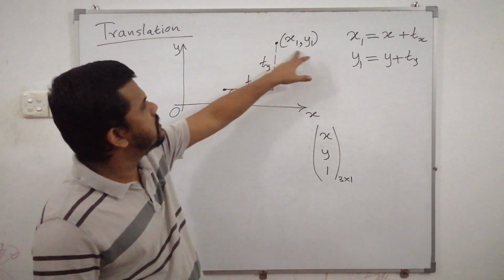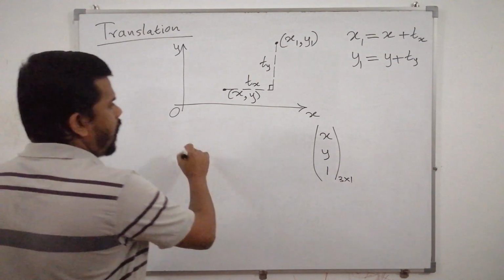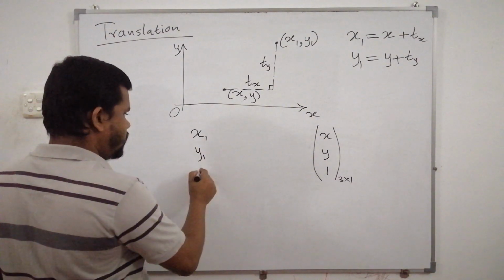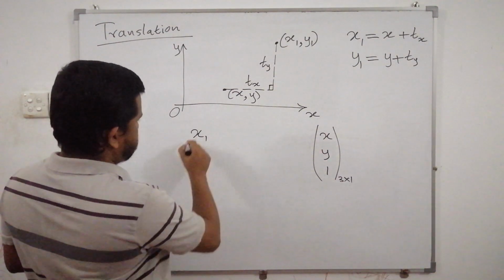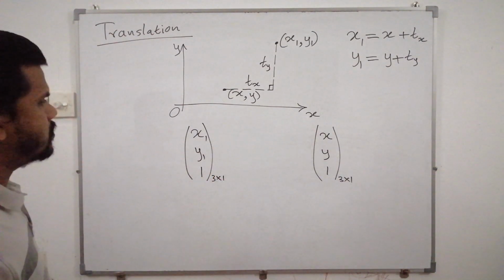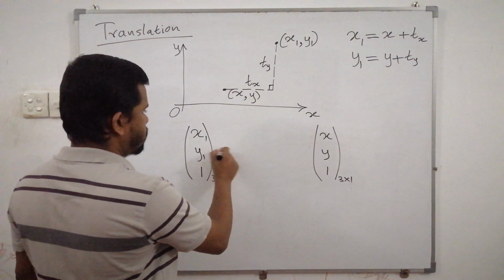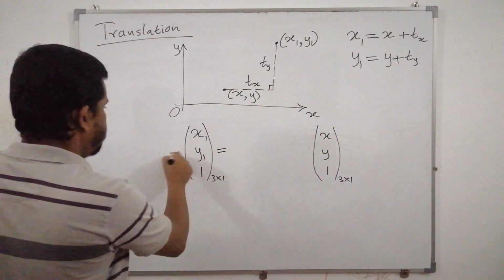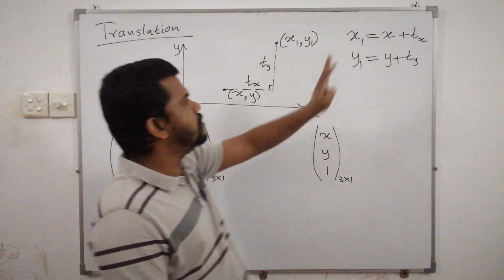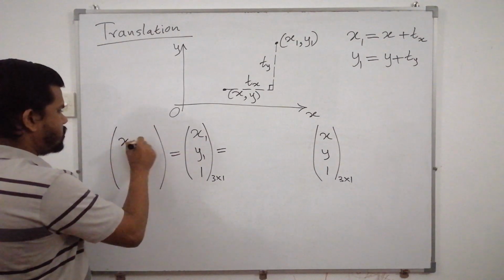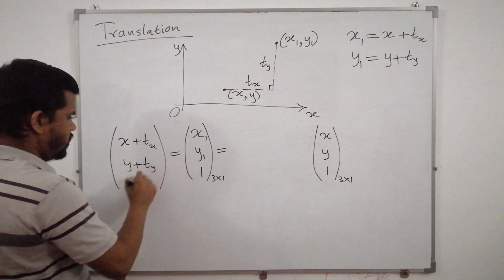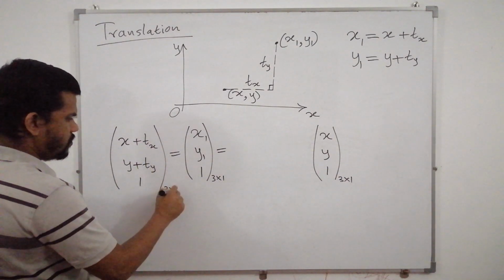Therefore, now similarly, this point, how can we represent it? x1, y1, and then third element is always 1. So now this one is a 3 cross 1 matrix. So here again we can substitute from these two equations. x1 means x plus dx, y1 means y plus dy, 1, 3 cross 1.